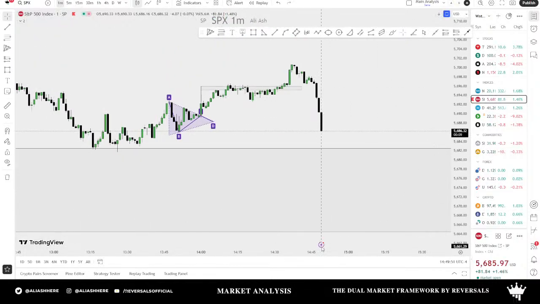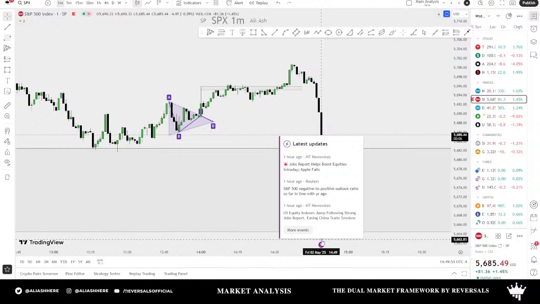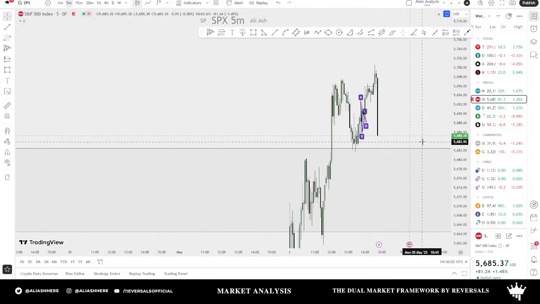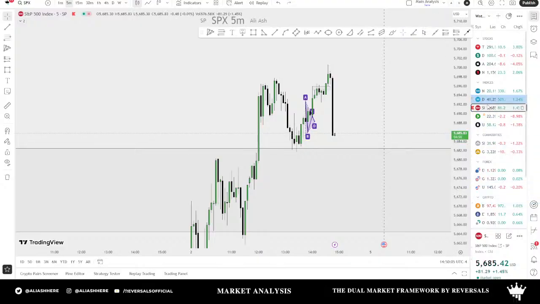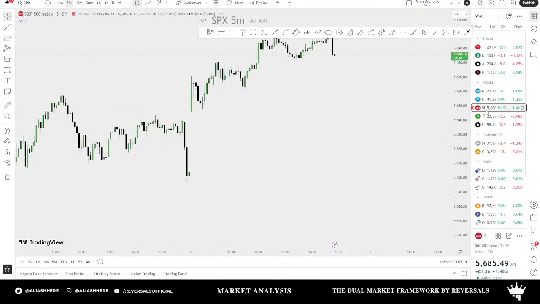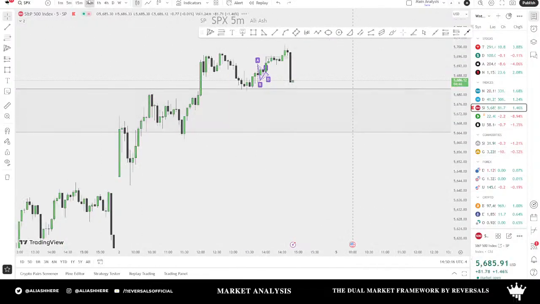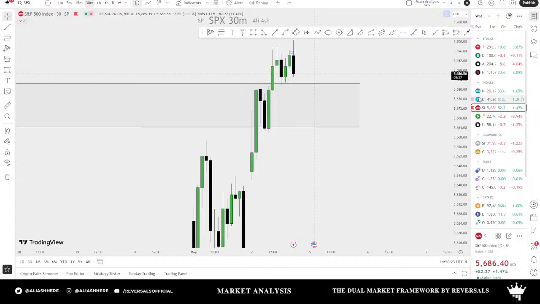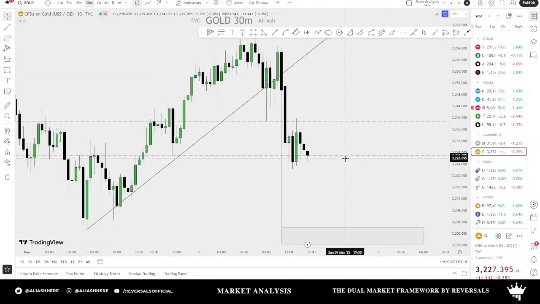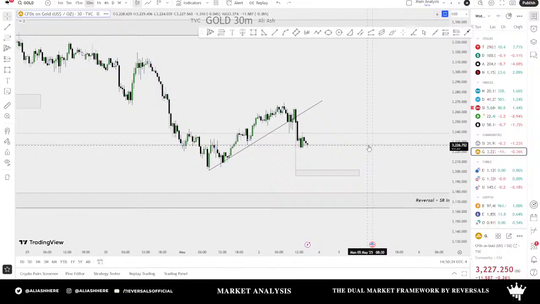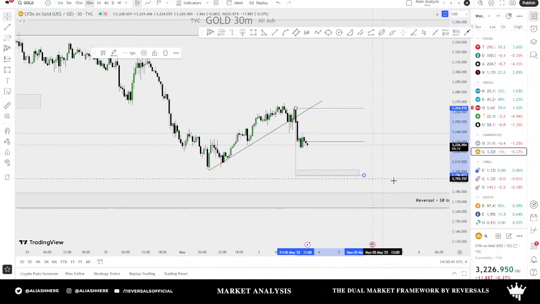We're seeing a huge crash on S&P. With gold, we are on the central zone, I guess.